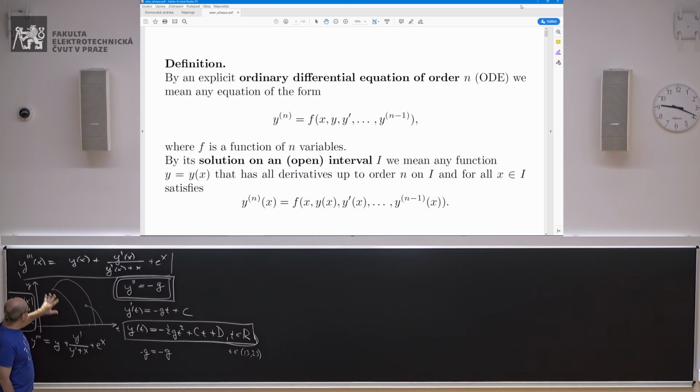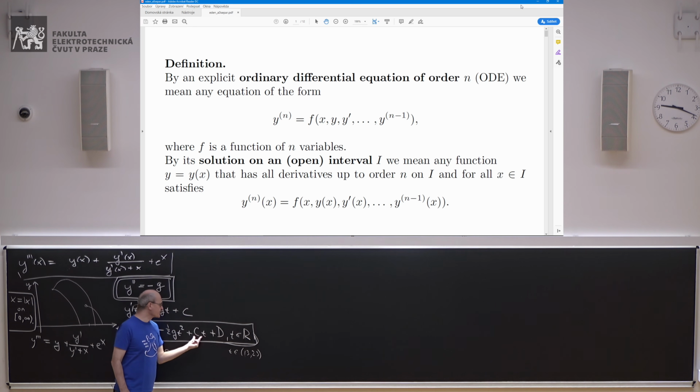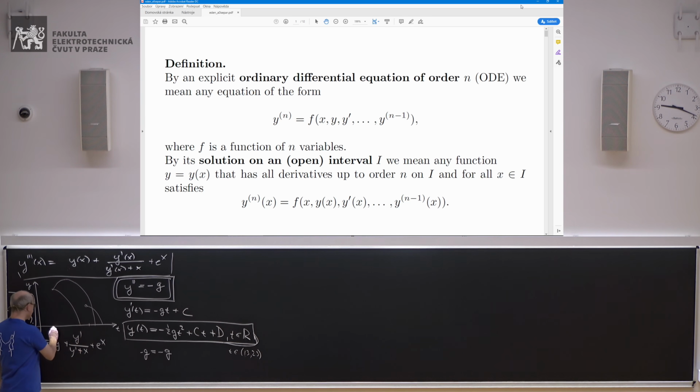Okay, if you want to specify a certain situation, you will need 2 pieces of data because we have 2 unknown parameters here in the solution. For instance, I can say, okay, at time t1, the elevation was here, I released it, and at time t2, it hit the ground. So it's 2 pieces of information which we can write down as a formula.